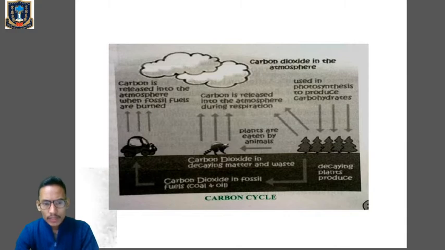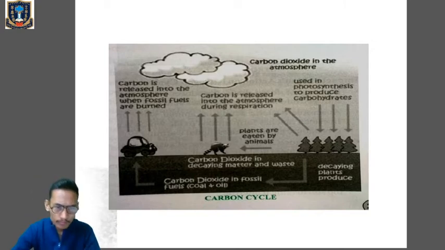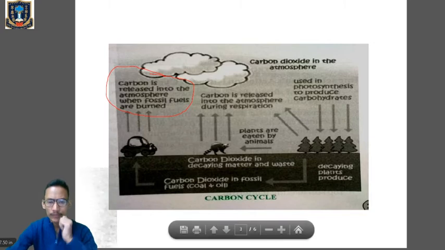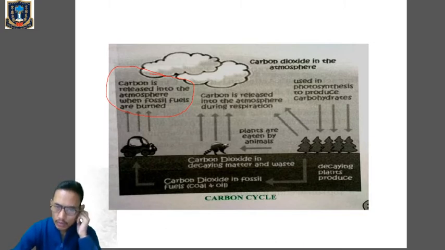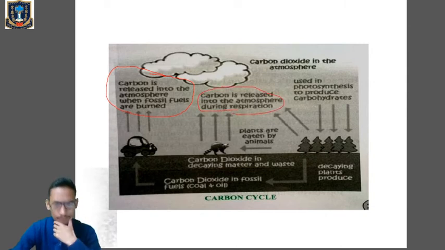Mainly by combustion, because we are using fuels like petroleum, diesel, and coal is a form of fuel. So whenever we are burning these fossil fuels, carbon is released into the atmosphere. During respiration also, carbon is released into the atmosphere.